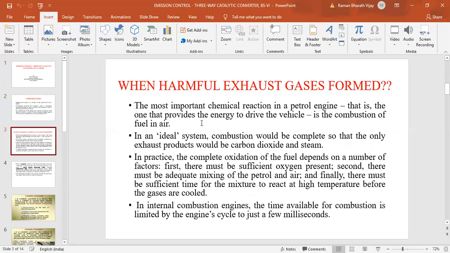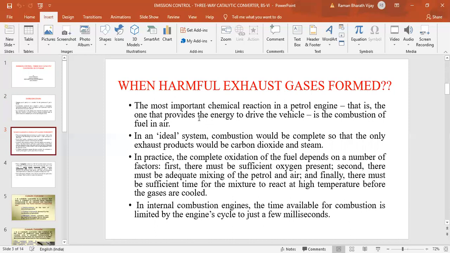We will go to the next slide. We have to know when these harmful exhaust gases are really created. When a vehicle is running at a constant speed and full combustion takes place, so the fuel and air sent into the cylinder, the combustion chamber, burn fully, then the outlet exhaust gases will not come as harmful gases.